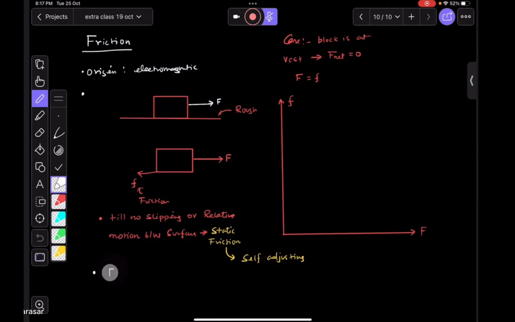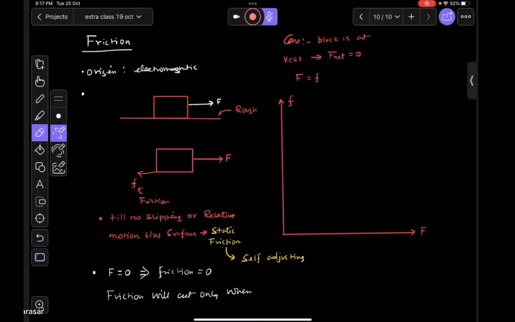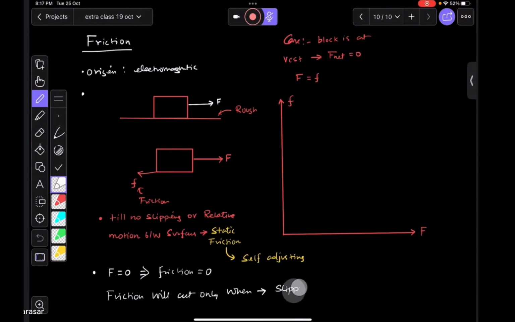If capital F is 0, the friction force is going to be 0. Friction will act only when there is slipping present, or a tendency to slip is also there, no?